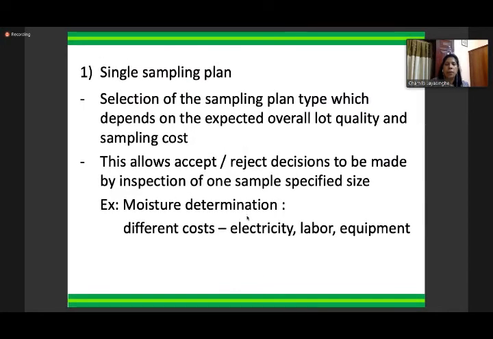Here, actually, I want to tell that the moisture determination is not a rejection. We are not going to reject the sample because of the moisture determination. So normally, we do the moisture determination by using different methods, right?